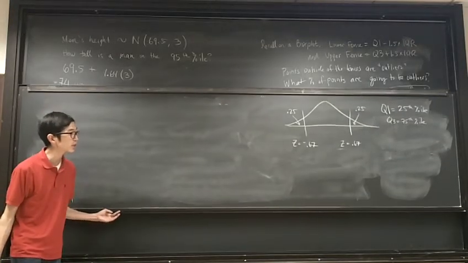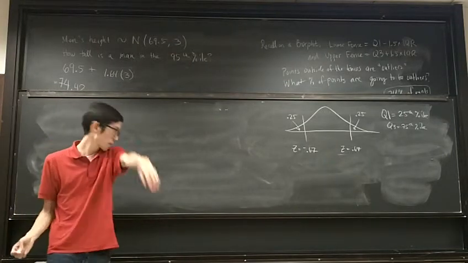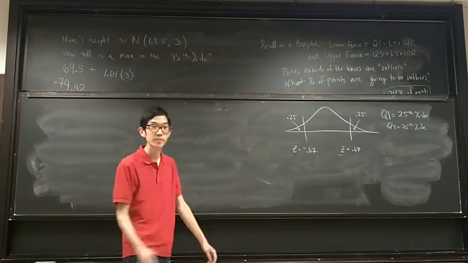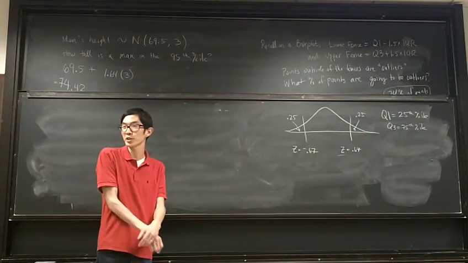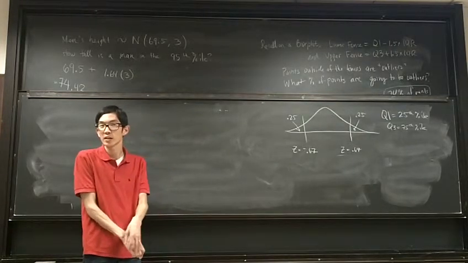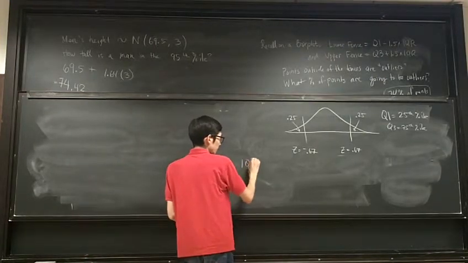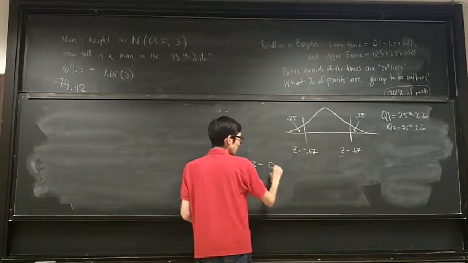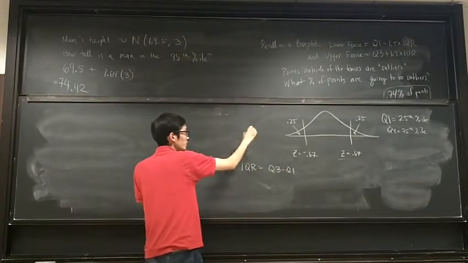Alright, so based on this, what is my IQR? How many standard deviations is my IQR? IQR is equal to Q3 minus Q1, right? So it doesn't matter that we've got positive or negative numbers.